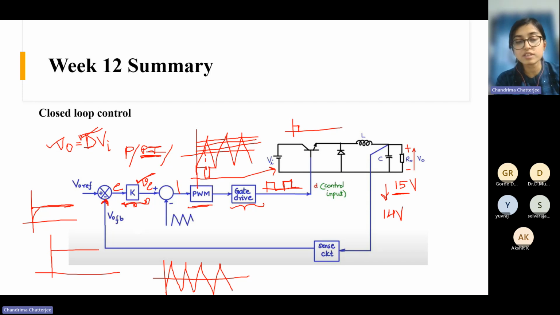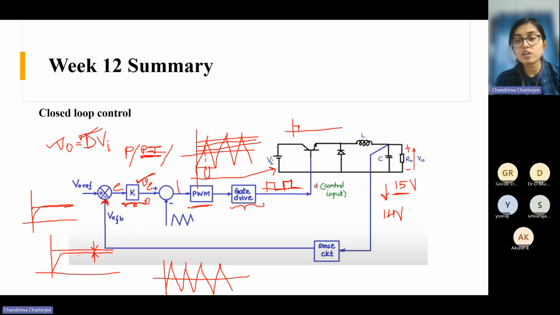Suppose this is your reference, and after your system settles you get an output voltage like this. There is always a fixed gap, and this error we call the steady state error. So first of all, we will ensure that there is no steady state error.